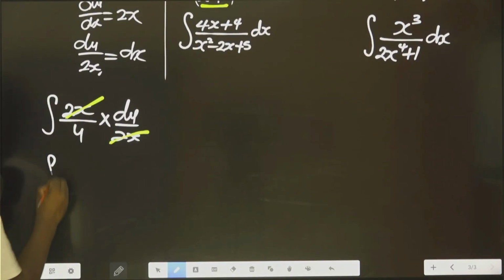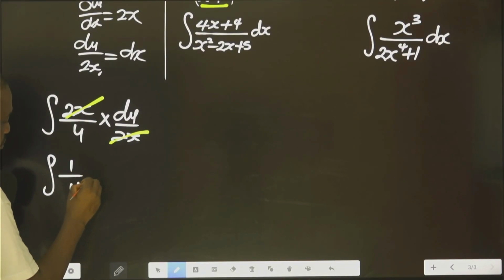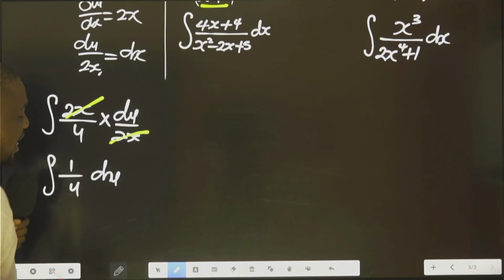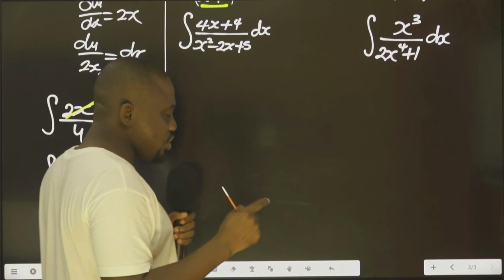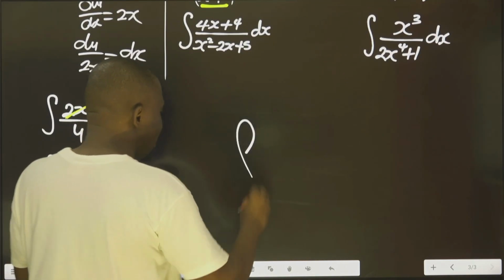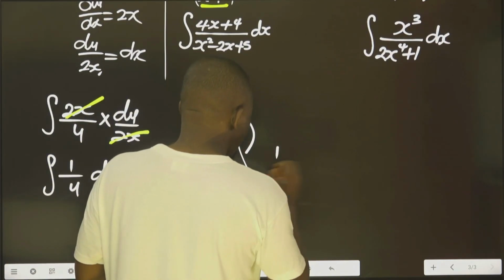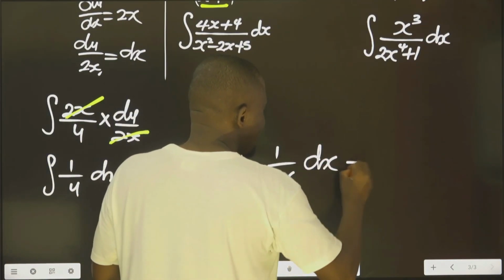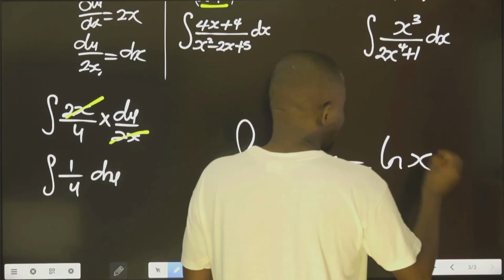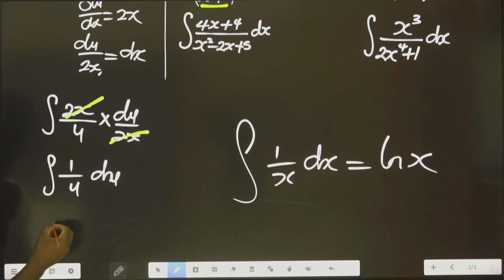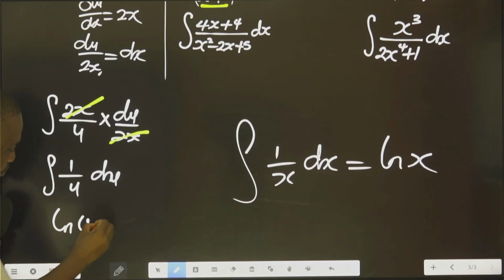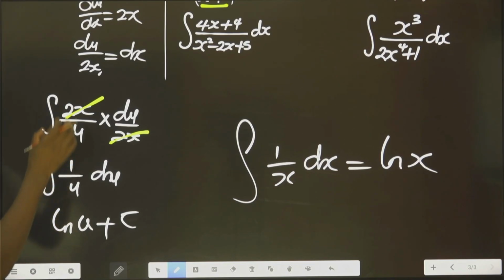It's now remaining 1 over u du. Remember, we've established, if you have been watching my videos, that if you integrate 1 over x dx, you're going to have ln x. So this one is giving us ln u plus c.